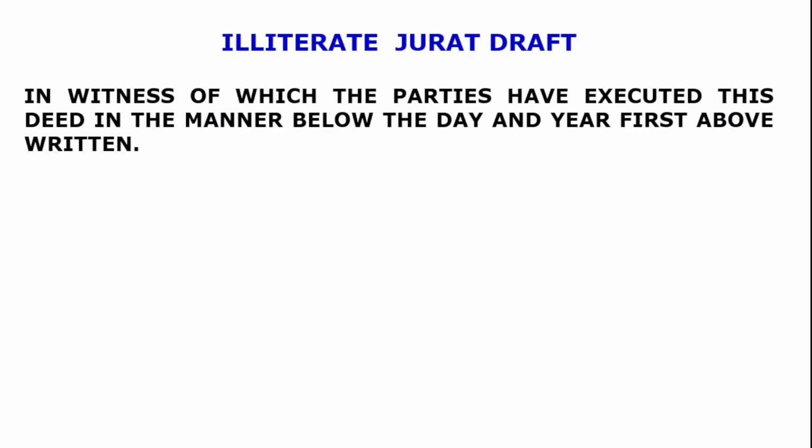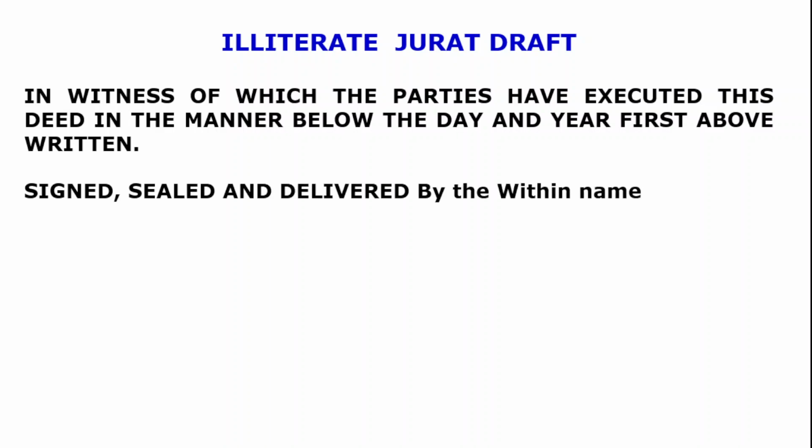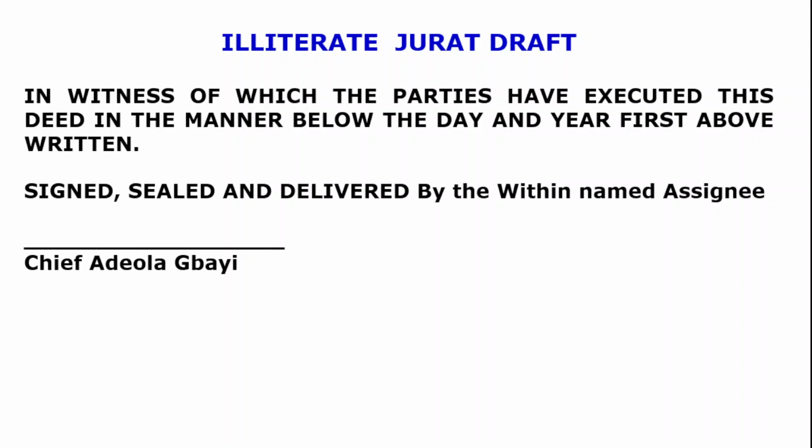So how do you draft the illiterate jurat? Let's say it is Chief Adeola Gbayi that is the illiterate, and we are told to draft the execution. Of course, for the purpose of the draft, we've written the testimonium: "Signed, sealed, and delivered by the within named assignee", right? And then you have your dash, and then your Chief Adeola Gbayi. But you are not just going to stop here. You will now include that jurat.